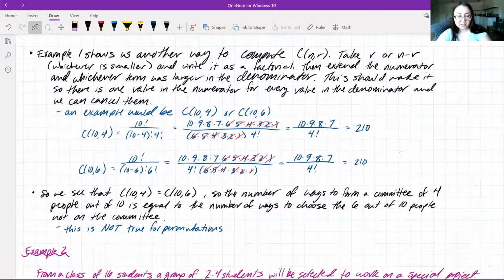So we do see that C of 10, 4 and C of 10, 6 are equal. They are the same number of combinations. So the number of ways to form a committee of 4 people out of 10 is equal to the number of ways to choose 6 out of 10 people that are not on the committee. Remember, this is not true for permutations. This is only true for combinations.